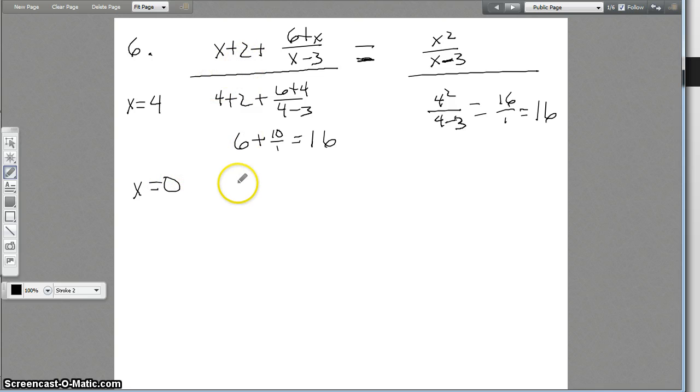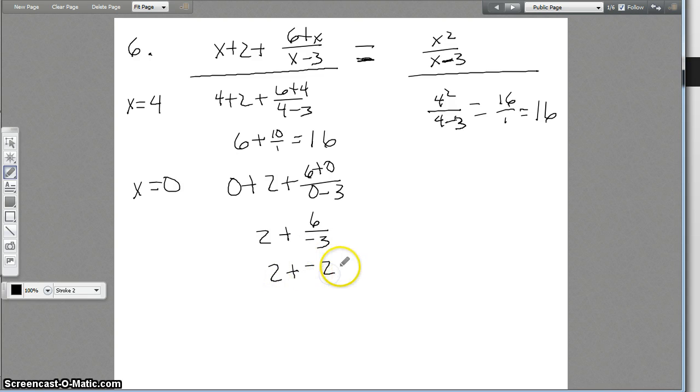So if x equals 0 in our first expression, we have 0 plus 2 plus (6 plus 0) over (0 minus 3). So that means we have 2 plus 6 over negative 3. 6 over negative 3 is a negative 2, and 2 plus a negative 2 is 0.